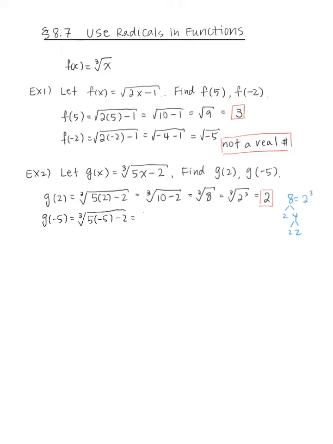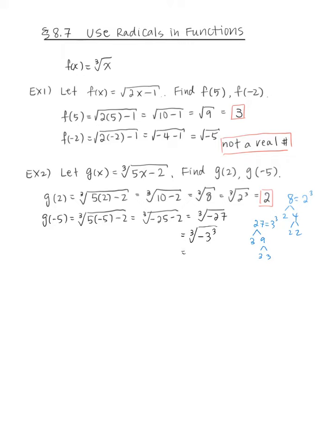So this is going to be cube root of negative 25 minus 2, which is going to be cube root of negative 27. And if I want to break down the 27, I'm going to go 3 times 9, and then 3. Excellent. We got a perfect cube. So now this becomes, let me just write it over here, cube root of negative 3 to the third.